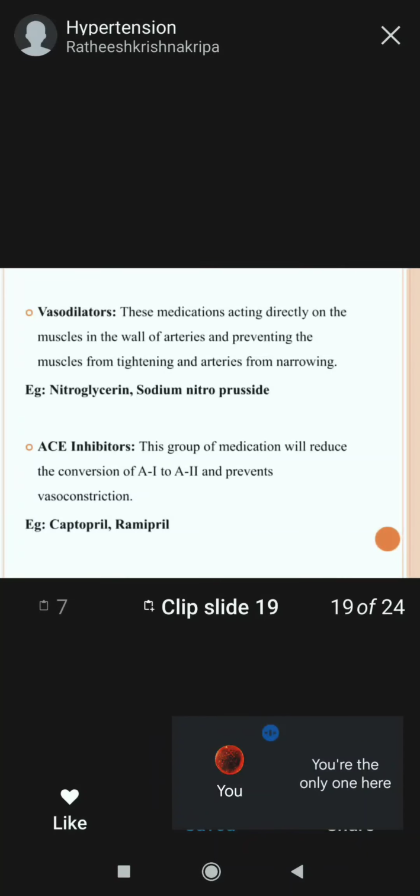ACE inhibitors are medications that reduce the conversion of angiotensin first to angiotensin second and prevent vasoconstriction. ACE inhibitors include captopril and ramipril.